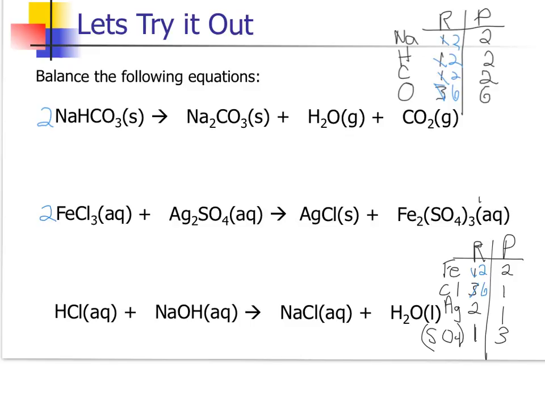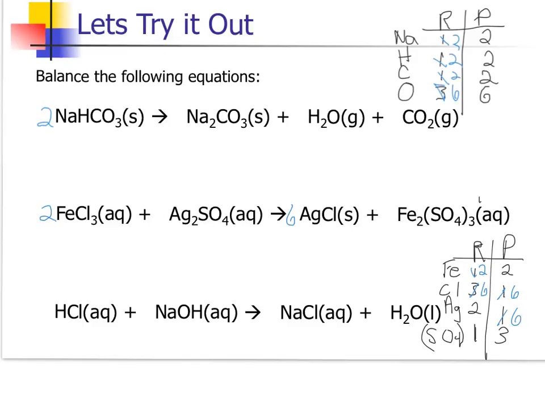Don't go trying to balance out your chlorine right away. You can, or maybe you want to. It doesn't matter. If I balance out my chlorine, the only way I could do that would be by putting a 6 in front of my silver chloride. By putting a 6 in front of my silver chloride, that means that I have 6.